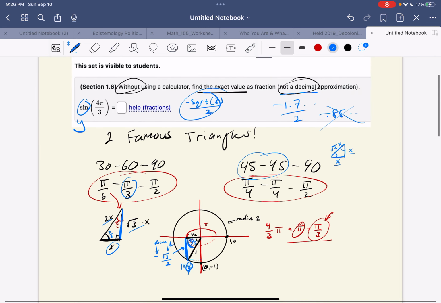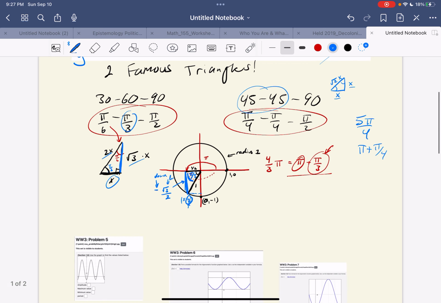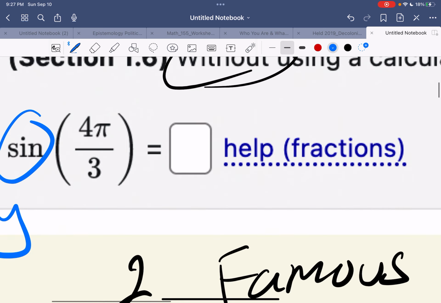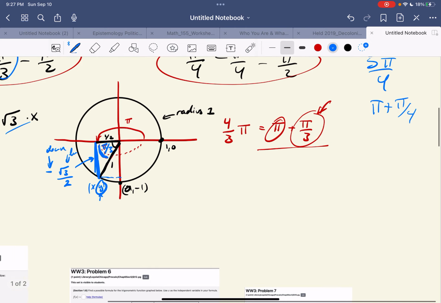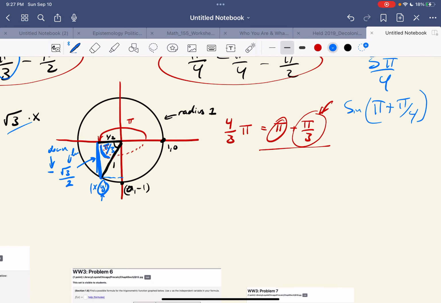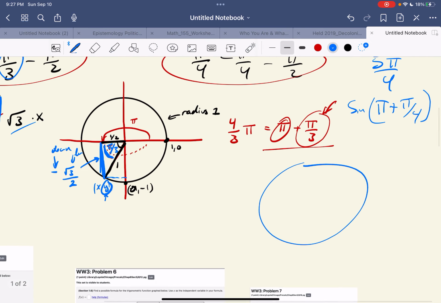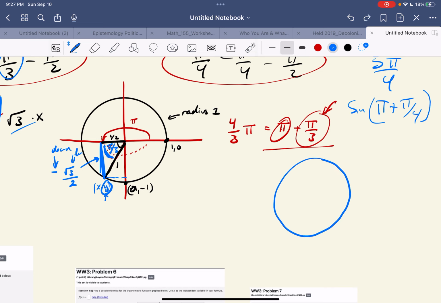So if you have something that maybe asks for like 5 pi over 4, then you should think of that as pi plus an extra pi over 4. In fact, let's just pretend for a moment that this was 5 pi over 4. Okay, so I want sine of 5 pi over 4. So I would draw a circle, attempt number 2. Great.